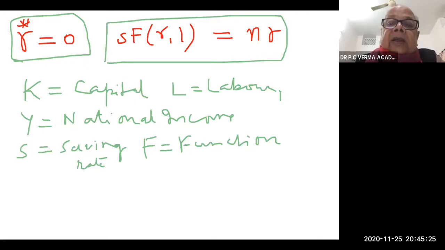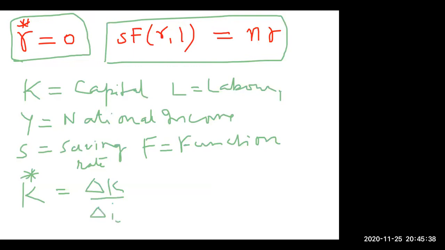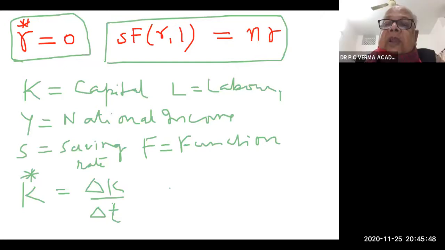And K star means delta K by delta T, with respect to time. That is capital accumulation with respect to time.